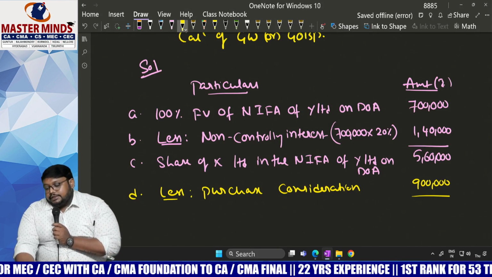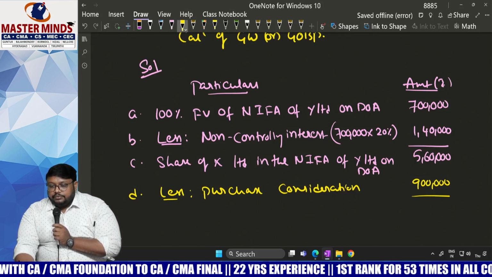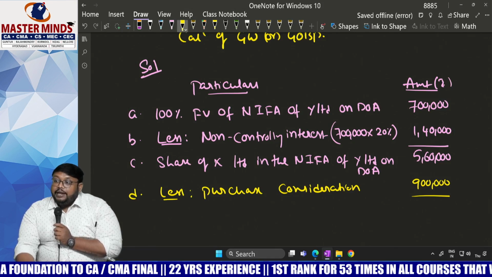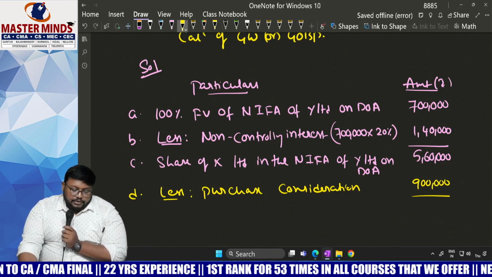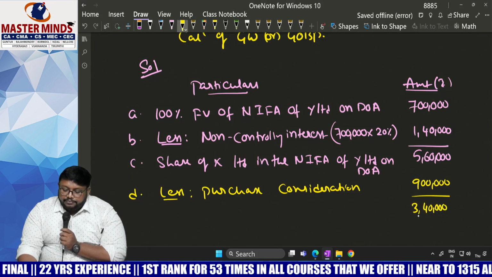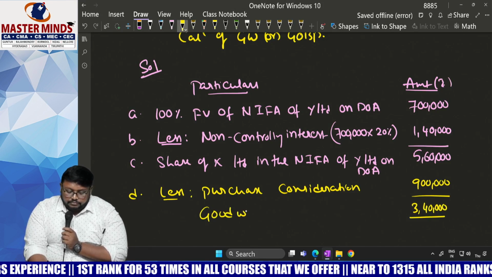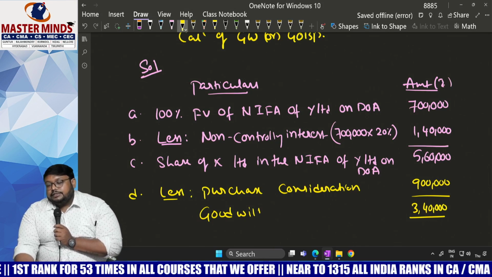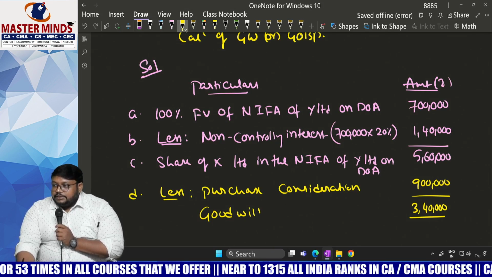Now purchase consideration is more than the acquirer share. For 5,60,000 valued business, he is paying 9 lakhs. How much extra is he paying? 3,40,000 extra he is paying. That will be the goodwill. This goodwill arises from business combination.